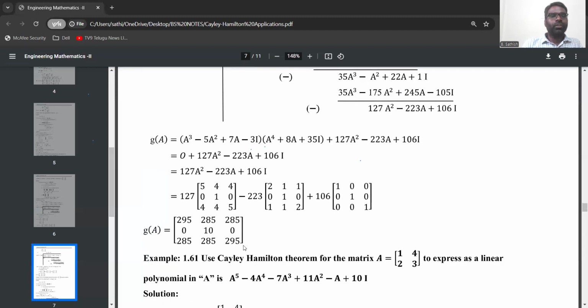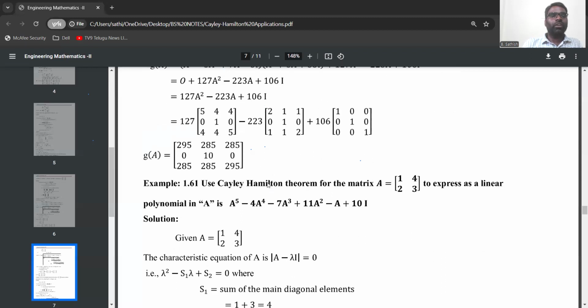Again, we already have the A square value, and simply substitute here. So 127 into 5 4 4, 0 1 0, 4 4 5, minus 223 into the A value, 2 1 1, 0 1 0, 1 1 2, plus 106 into the identity matrix 1 0 0, 0 1 0, 0 0 1.